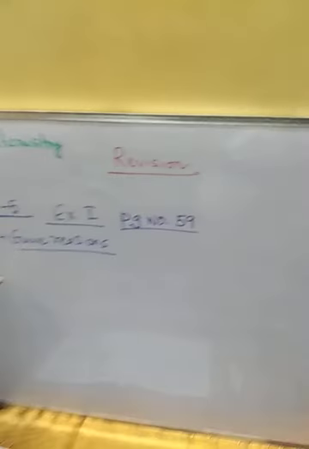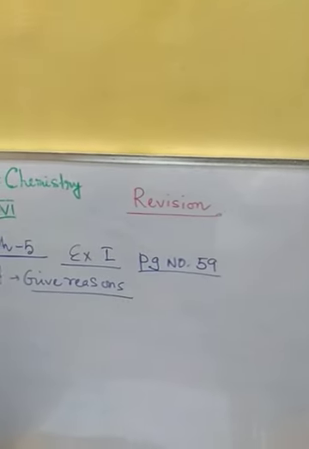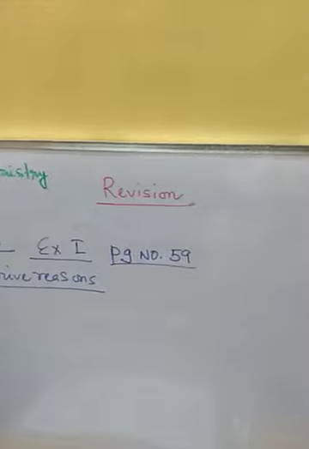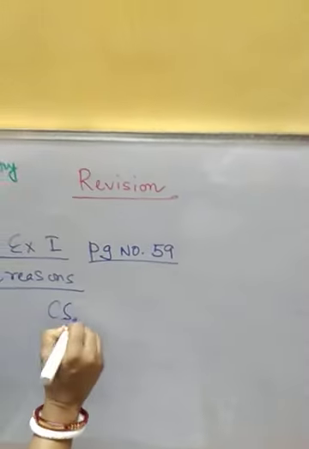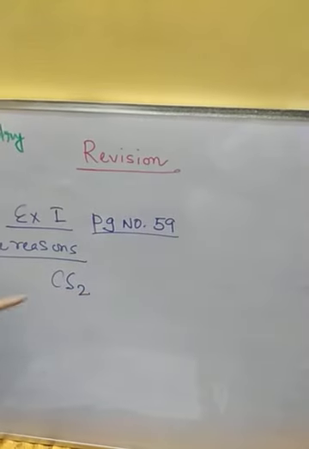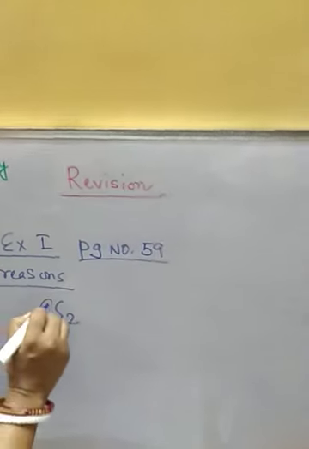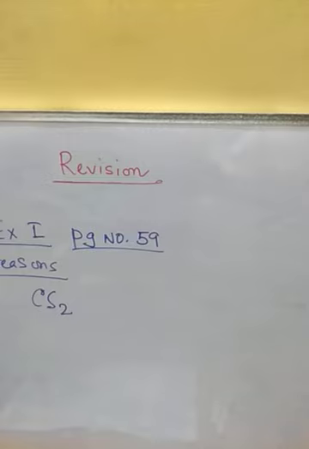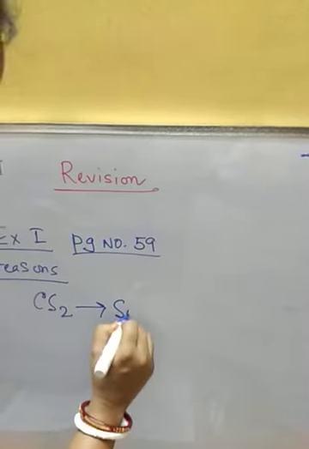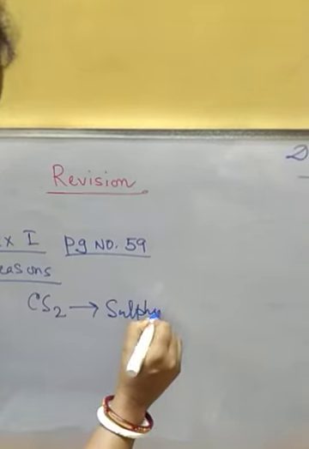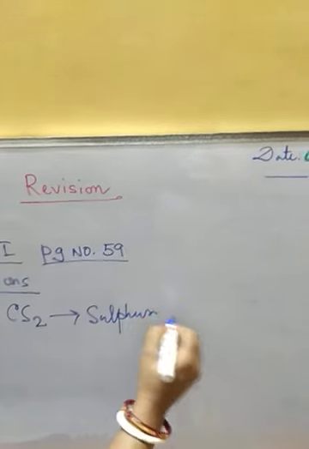Now come to the third question. This is what the question is: carbon disulfide can be written as CS2. If we add carbon disulfide to sulfur, sulfur dissolves.